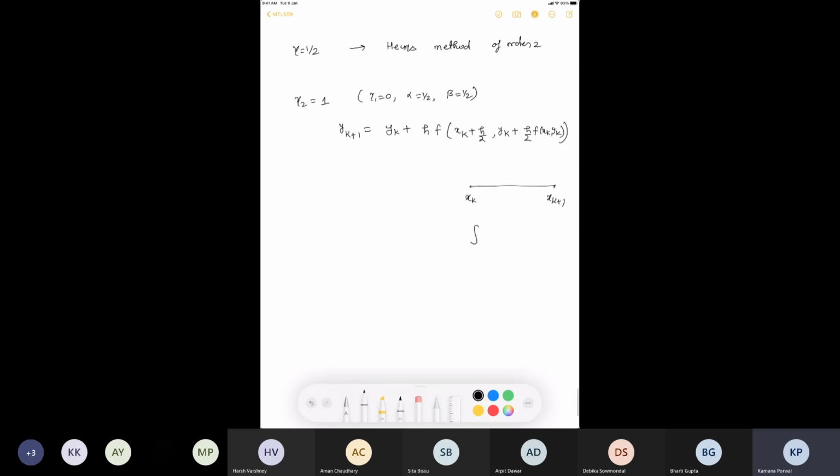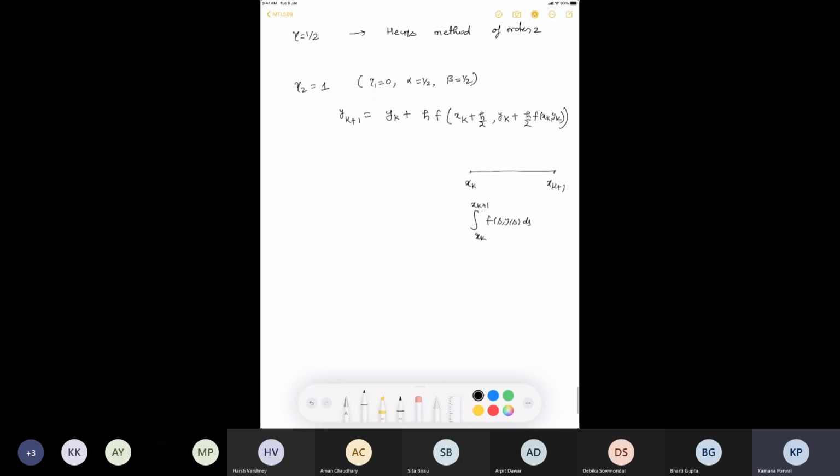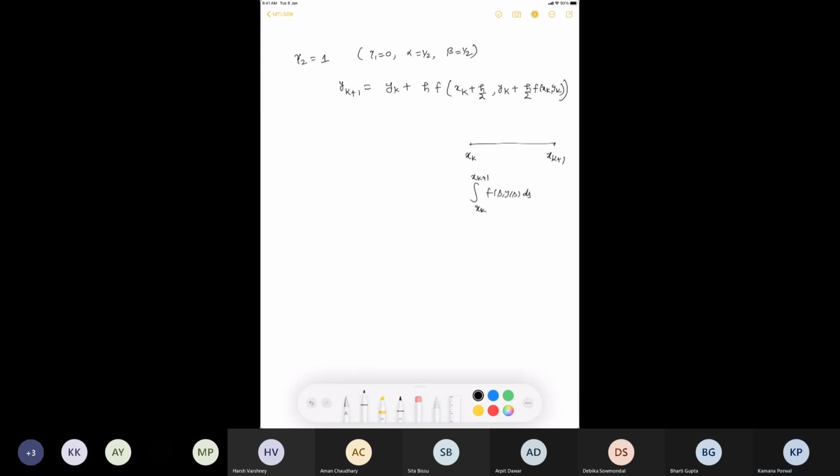We have this integral from x_k to x_{k+1} of f(s, y(s)) ds, for which we used the approximation by the trapezoidal rule to get the modified Euler's, right? Or you use the approximation by a constant to get Euler's. So likewise, if you use the approximation of f by the evaluation of f at the midpoint.